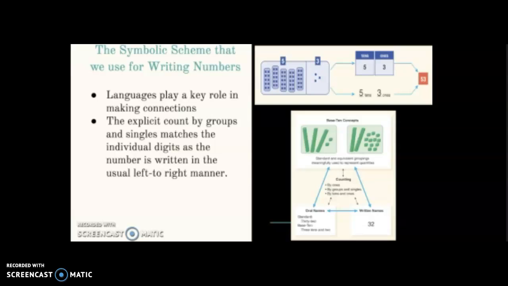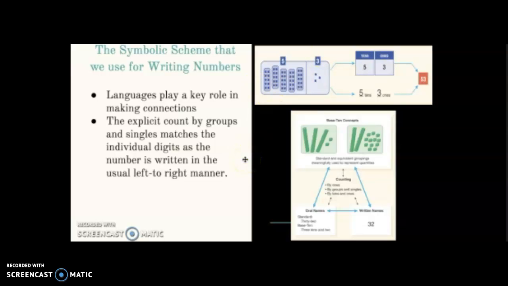So the explicit count by groups and singles matches the individual digits as the numbers are written in the usual left to right manner. So as we see up here, we have our ones place starting on the right, and then on the left we have our tens, and how the 3 is an individual and the 5 are groups.